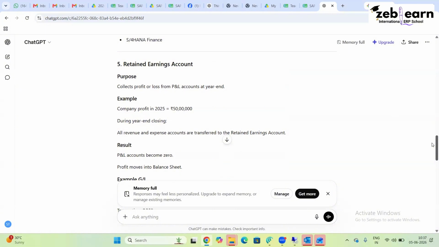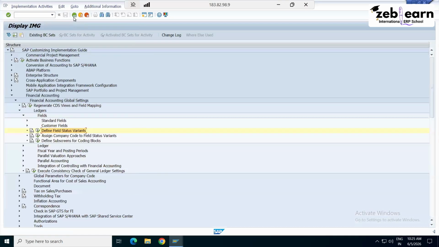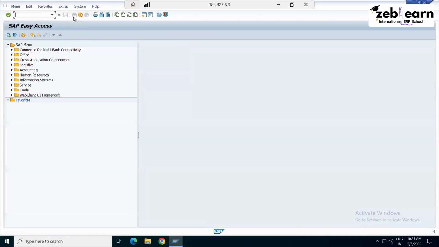Now, how to make a retained earnings account? Let's go back. Again, SPRO. What is the full form of SPRO? SAP Project Reference Object. Correct.